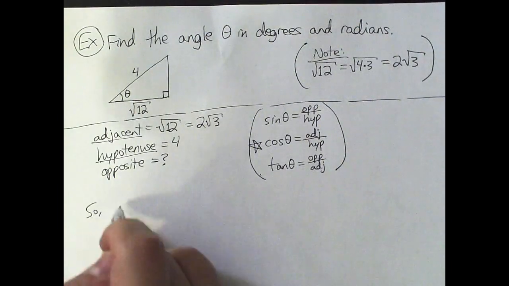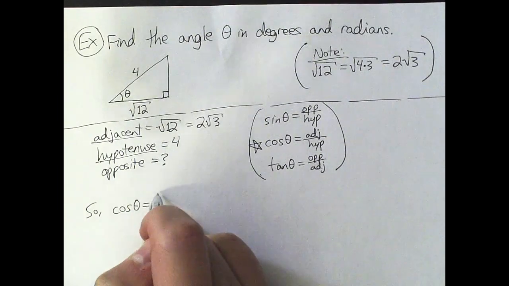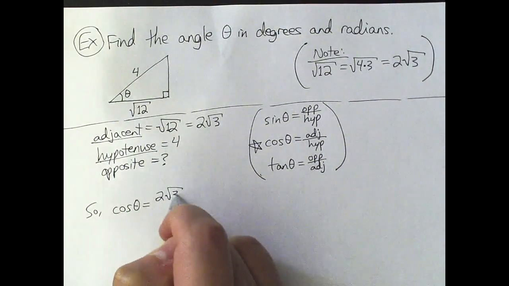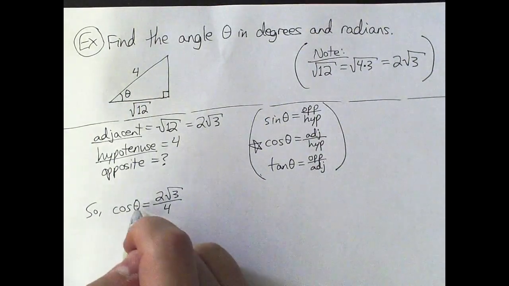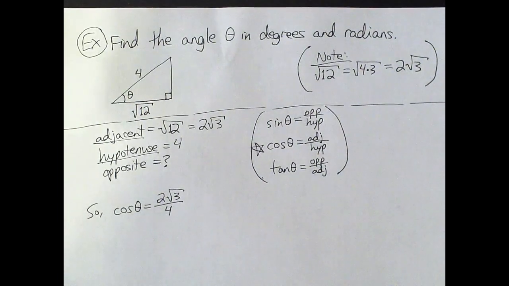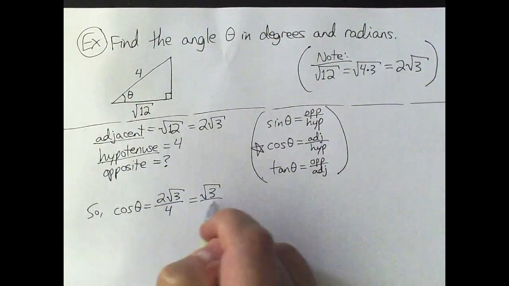I'm going to say that we know cosine of theta is 2 square root of 3 over 4. Oh, we could simplify 2 over 4, right? So let's simplify this. Square root of 3 over 2.